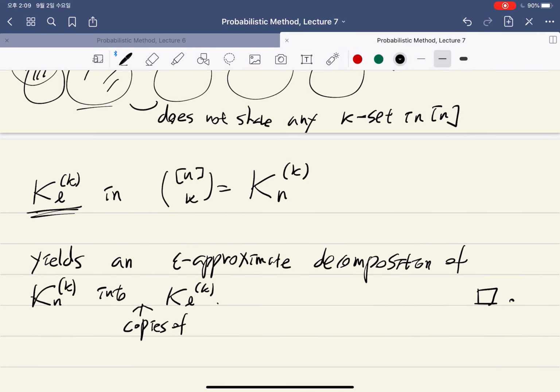So this proves the Erdős-Hanani conjecture, which is proved by Rödl.